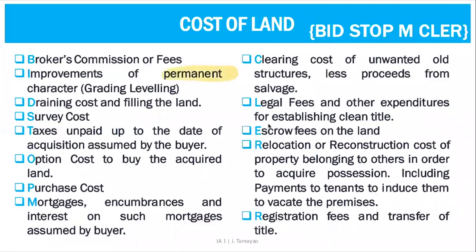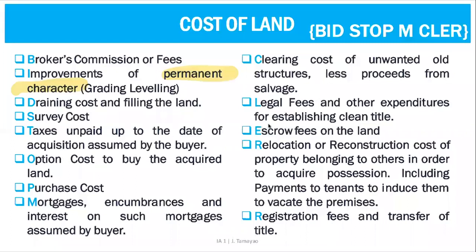Take note, the character of the improvement here must be permanent, because if it is only temporary, we do not include it as part of your cost of the land. And what are those improvements? We have your grading or leveling. Actually, grading or leveling are almost the same. However, for grading, they normally grade for your cost of the building.